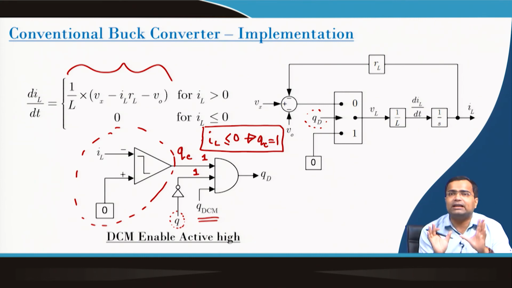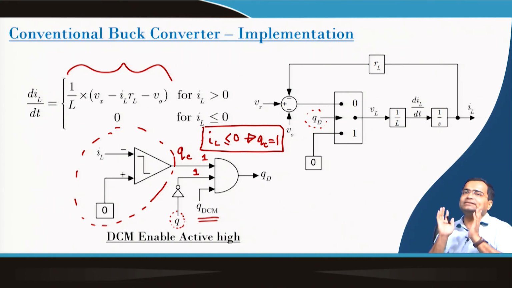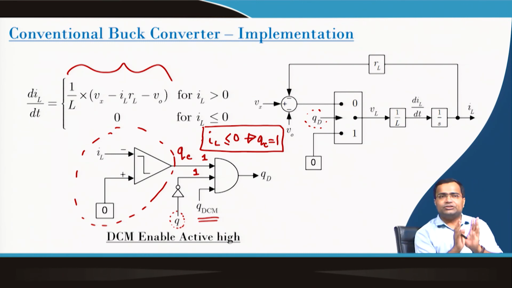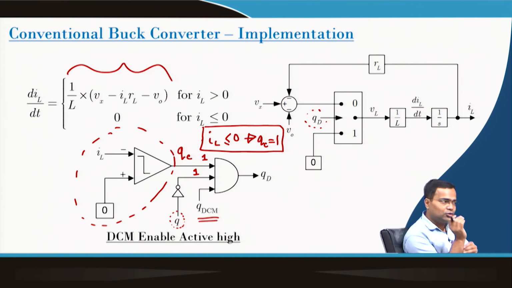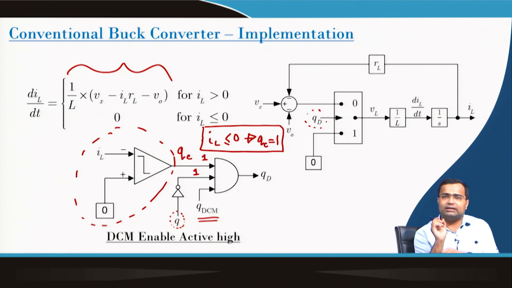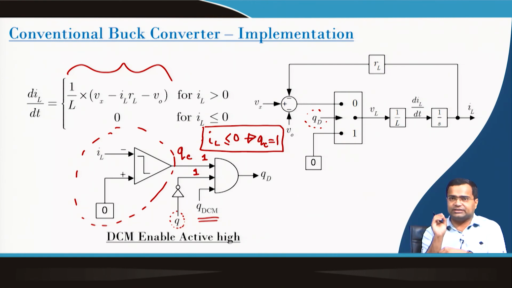If DCM is not enabled, then it is like a synchronous buck converter, there is no discontinuous conduction mode. This block is particularly used because in general, in integrated circuits, instead of using a pure diode, they use a MOSFET in the low side, and they also use an emulated diode, that is, they emulate a diode using a transistor.